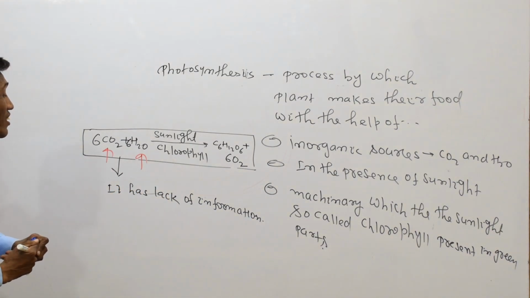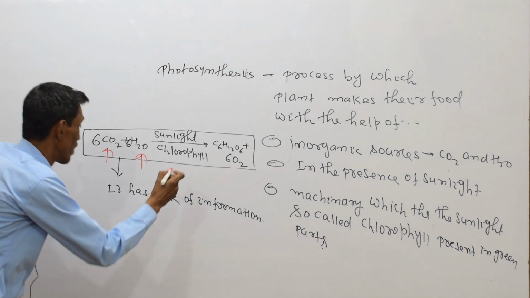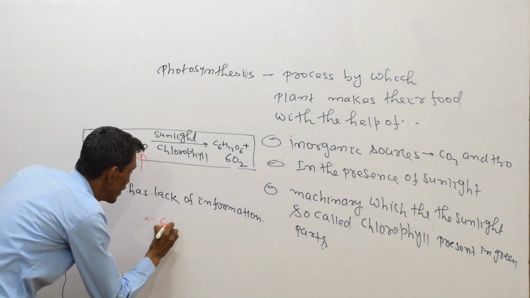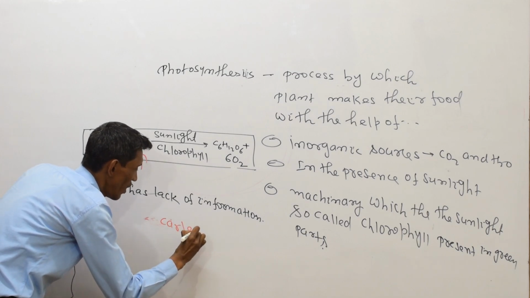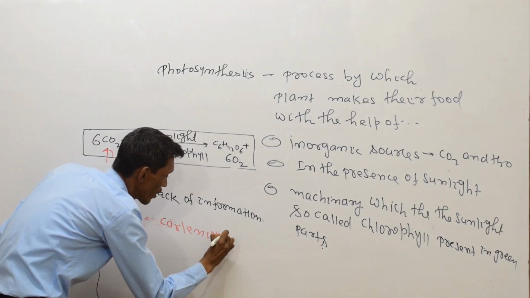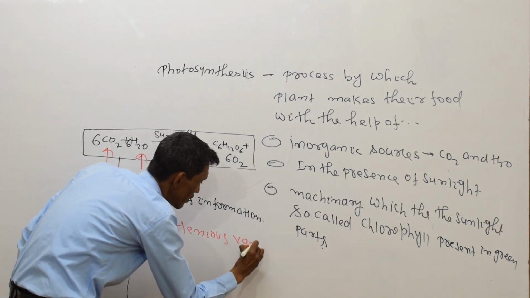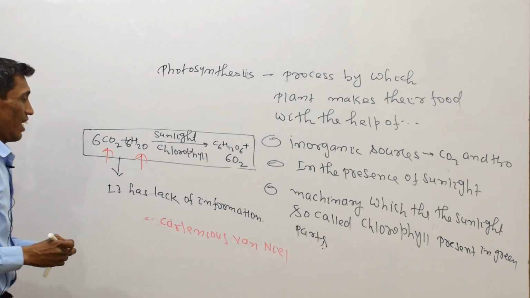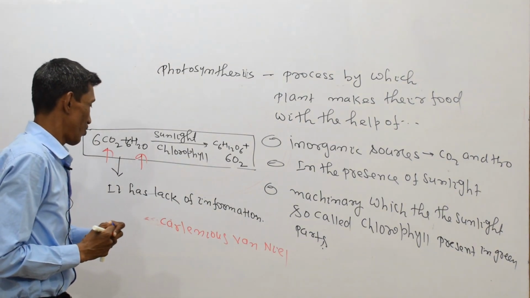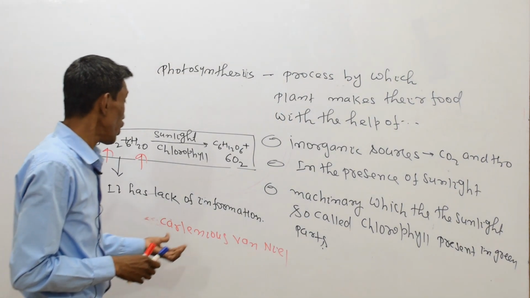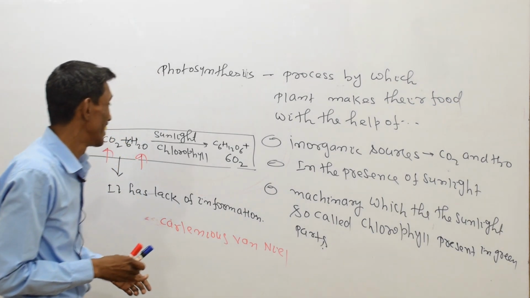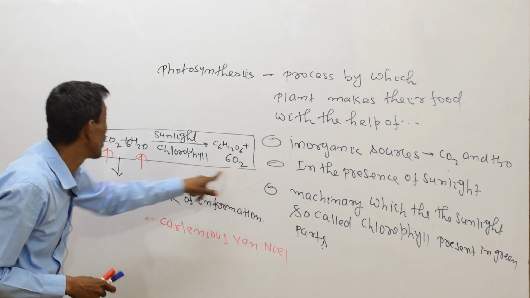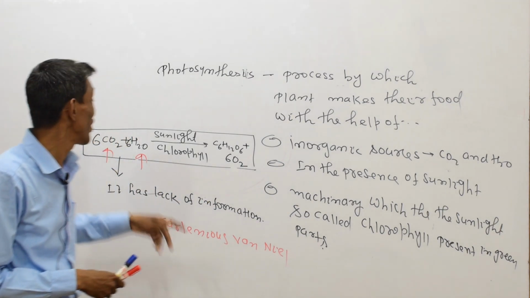And this was answered by Cornelius van Niel. Maybe I am writing the wrong spelling, but that doesn't matter. He proved that the source of oxygen is water. It is not from CO2.